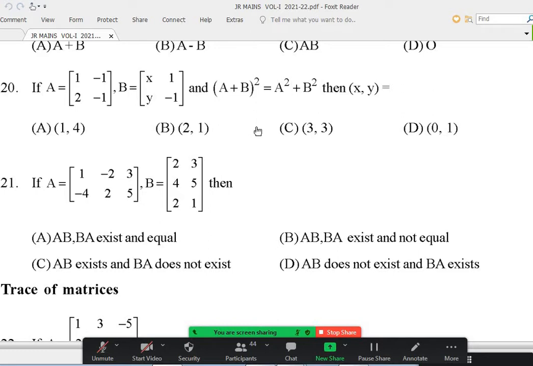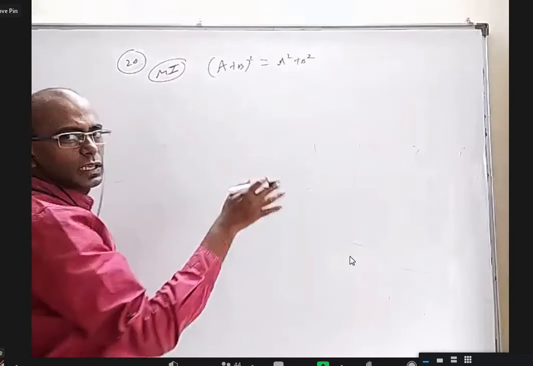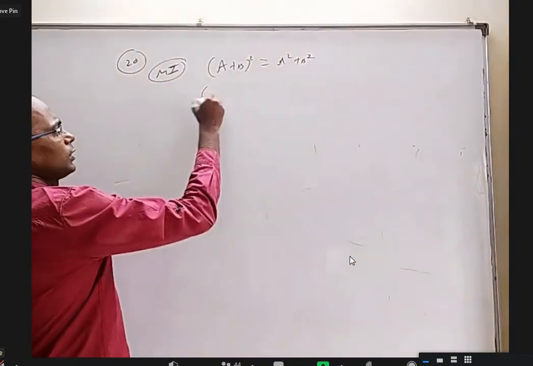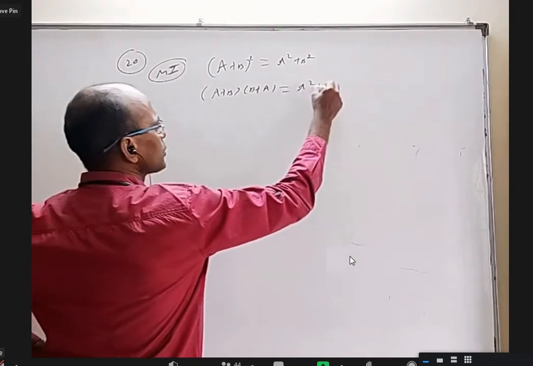Okay. So method 1 for this, they gave (A plus B) whole square equal to A square plus B square. Sir, that means AB is equal to 0? No, AB plus BA equal to 0, not AB. (A plus B) into (B plus A) is A square plus B square.